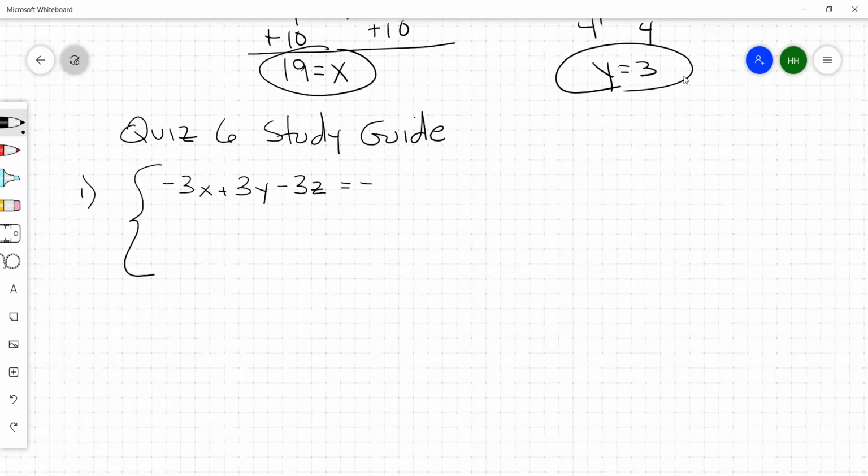That's equal to -6, and then it's -x plus 3y plus z equal to -8, and it's 3x plus 3y plus 2z equals 2.